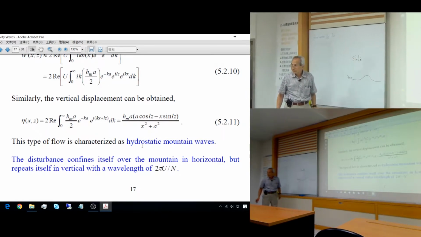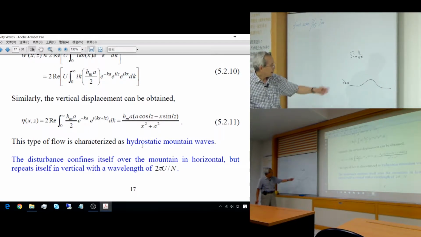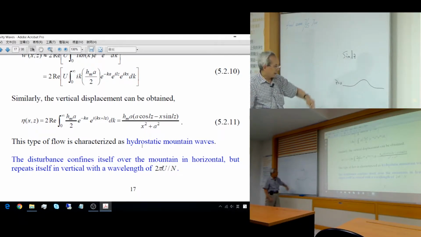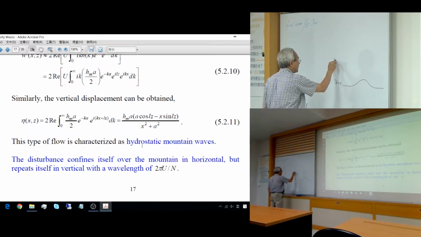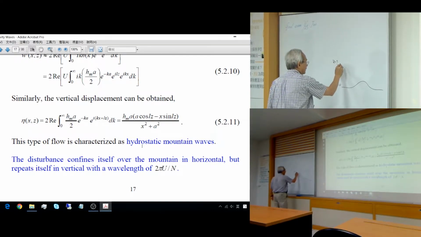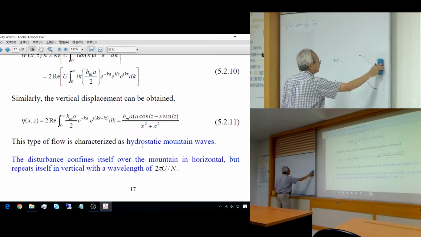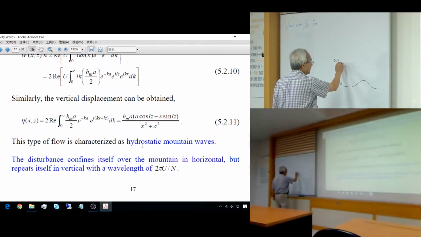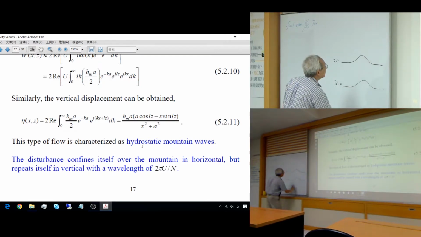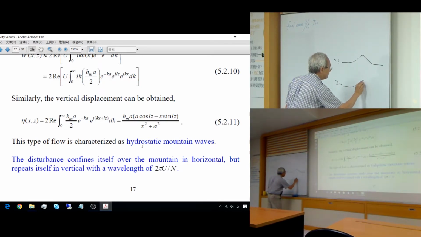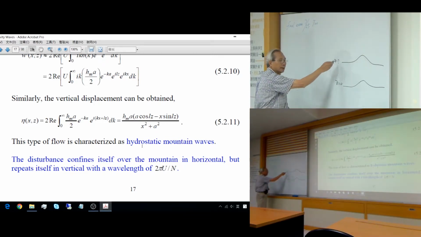Which height is that, in the vertical direction? At a certain height, g equals something, it's going to repeat the mountain geometry, the mountain profile. What height is this?